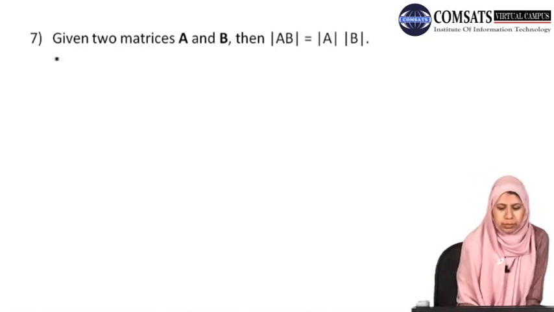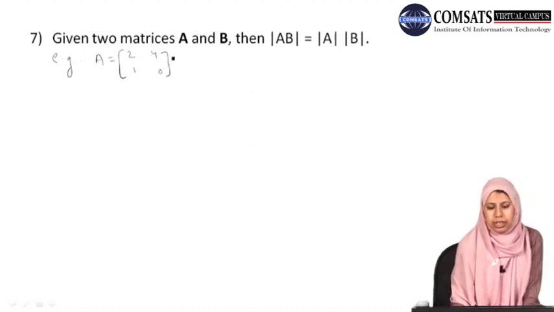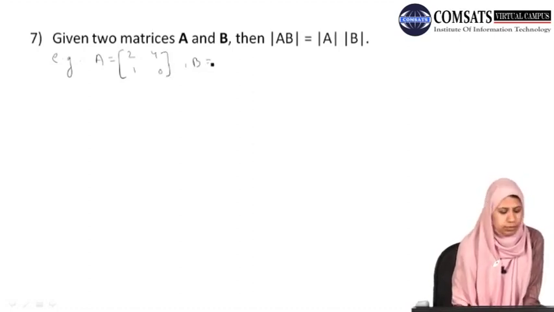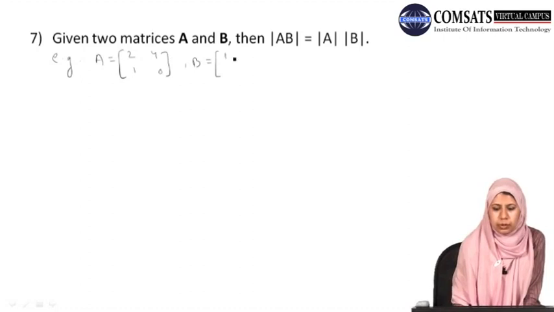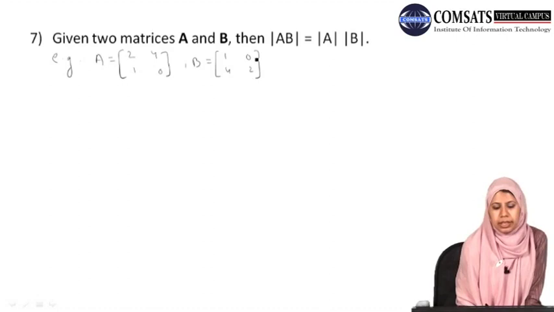For example, we have our matrix A as the same matrix 2, 4, 1, 0, and we take our matrix B as 1, 0, 4, 2. Then the determinant of our matrix A is minus 4.